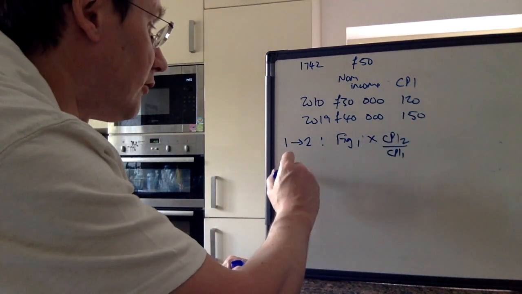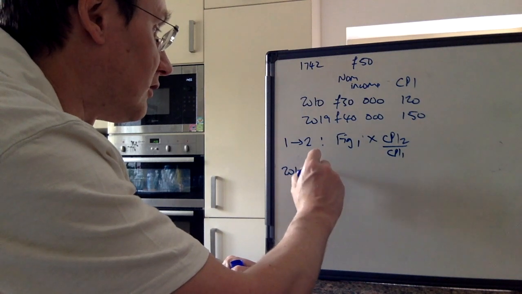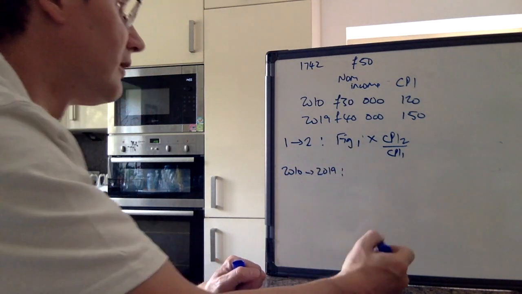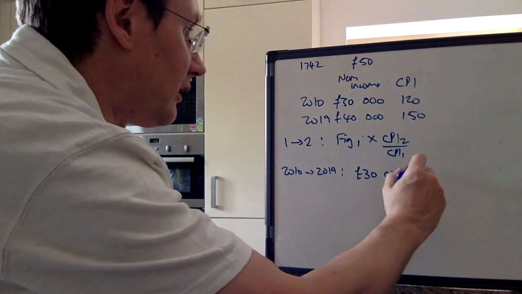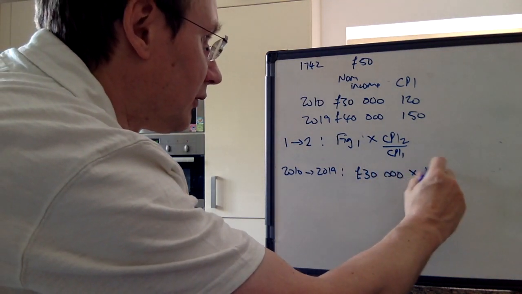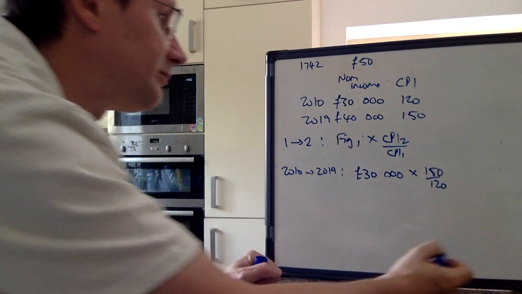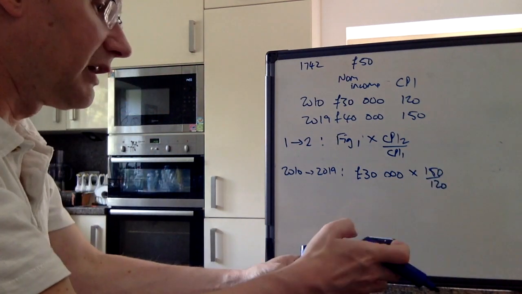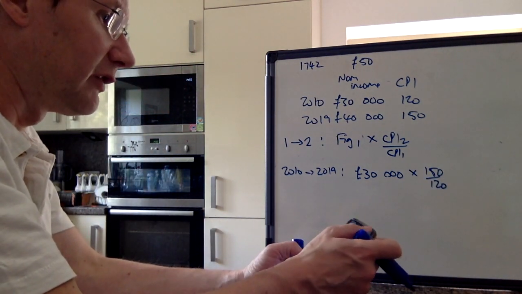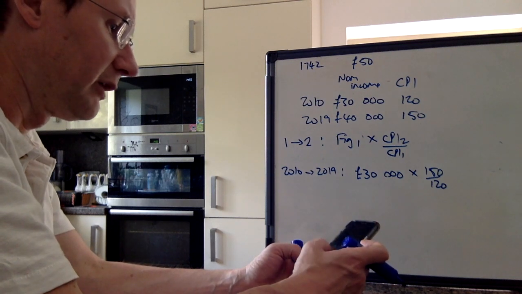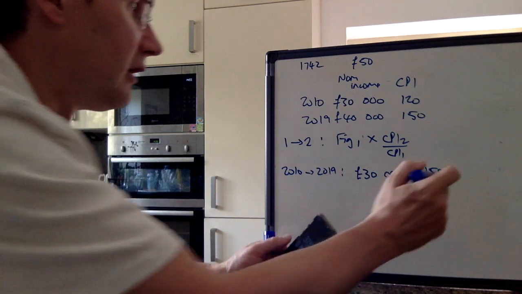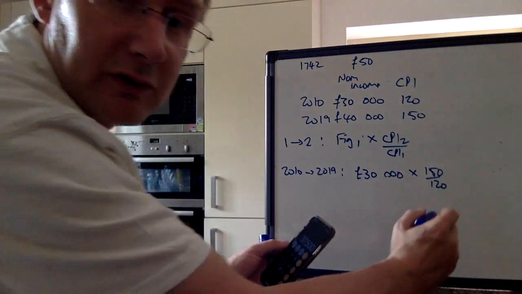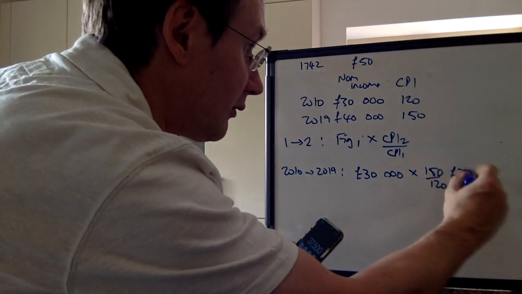So let's suppose we want to convert from 2010 into 2019. We take our 2010 figure, which is 30,000, and multiply it by 150 over 120. That's 1.25, so 30,000 times 1.25 is 37,500 quid.